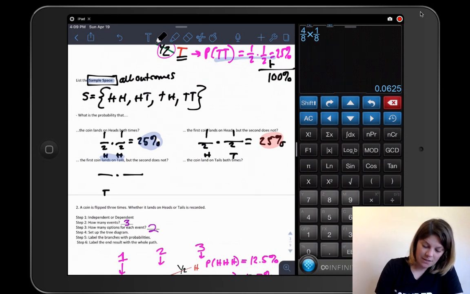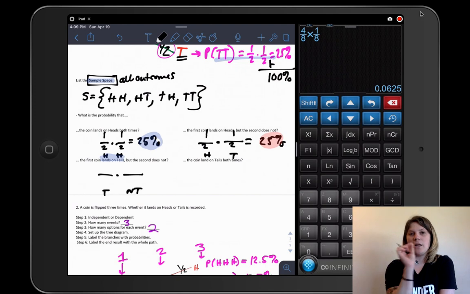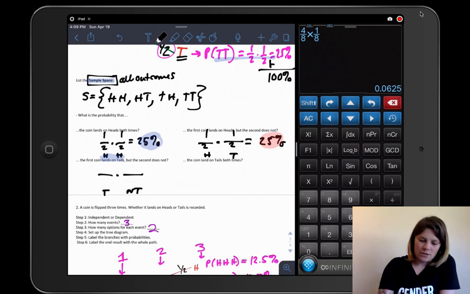All right, first is tails, second is not tails. So tails, and then you're gonna see me use this notation NT or N whatever it is. So up here, I might have written NH instead of just T. And basically what it reminds me of is that it's the opposite of T, whatever is left over to 100% from T. But we'll talk about that a little bit more later.